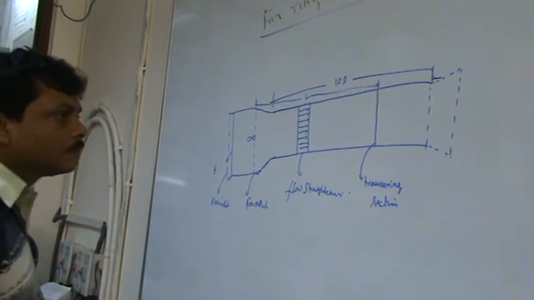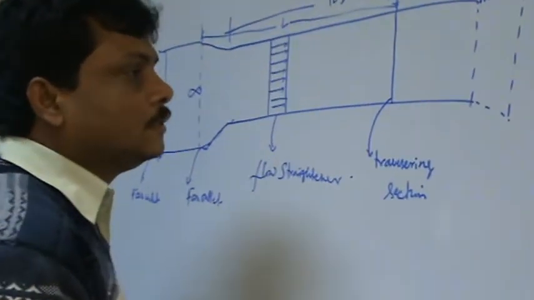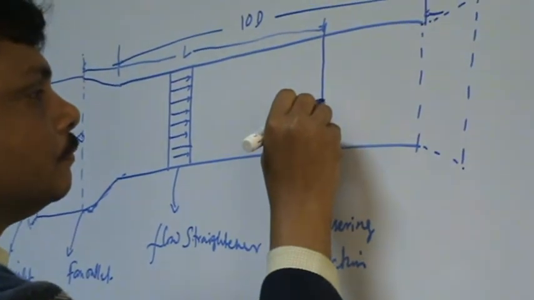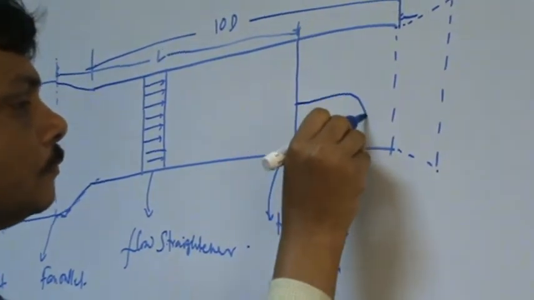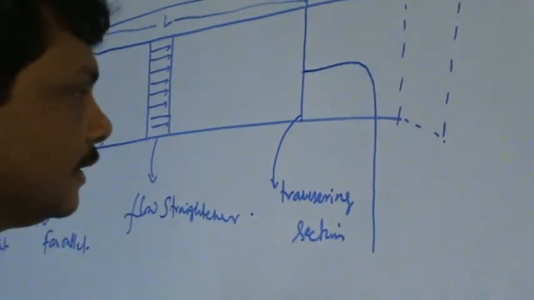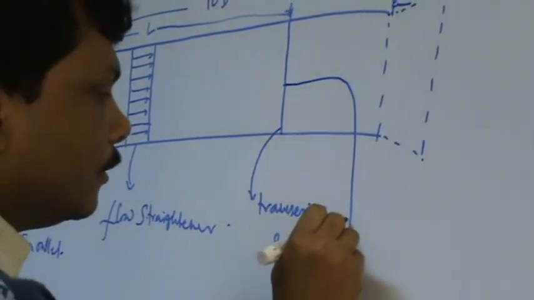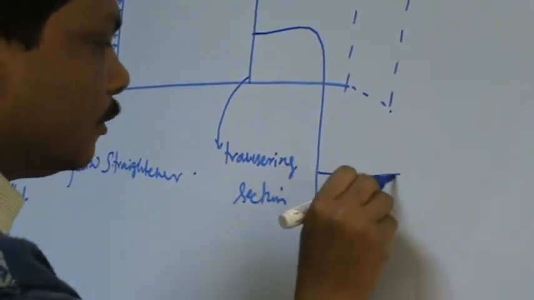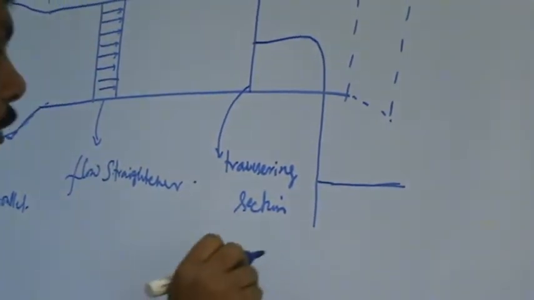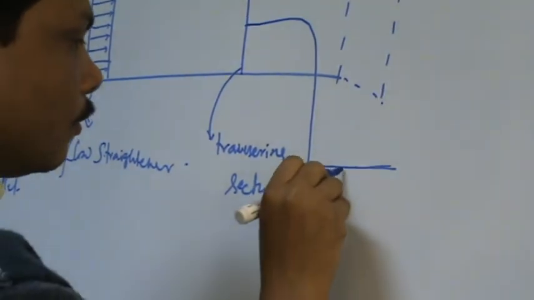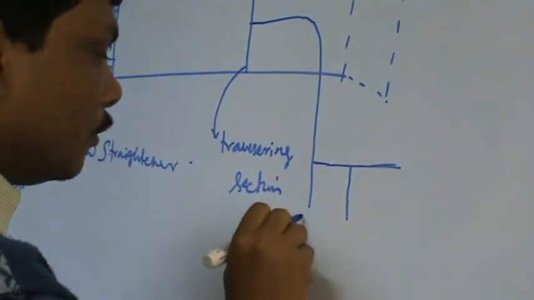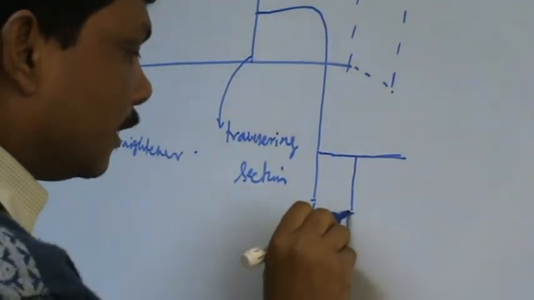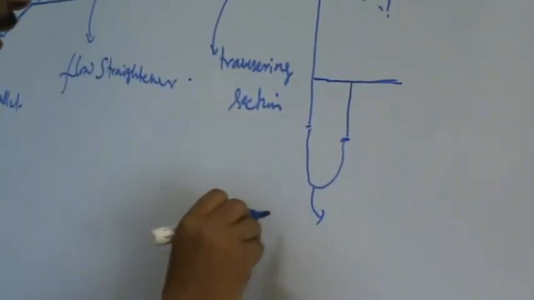For this purpose, we use a pitot tube, and this pitot tube will be connected to two manometers. One manometer will give the reading of velocity pressure.